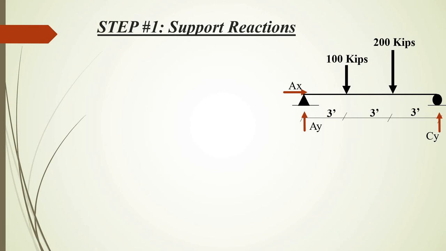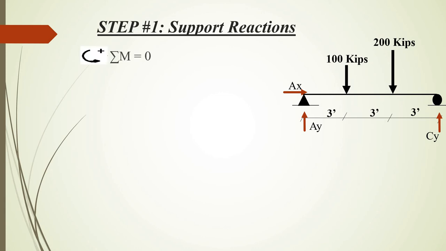The reason for that is when you start with the moment equation, you would always come up with one of the unknowns, and it makes finding out the reaction simpler. If I had started with summation Fy, for example, I wouldn't have come up with a value. I would have come up with an equation that only had these two unknowns, Ay and Cy, and that would be of no use. So I personally prefer starting off with the moment equation.